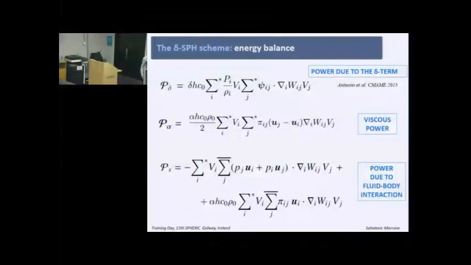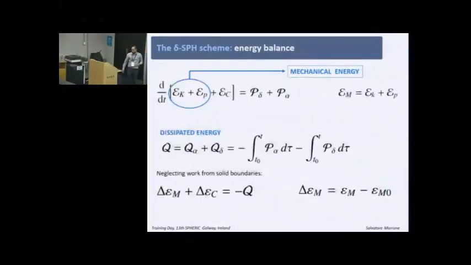Anyway, I will not consider solid boundaries for now, so we just focus on these two terms. In standard SPH, we have only this with the alpha viscosity. In Delta-SPH, we have two power terms.